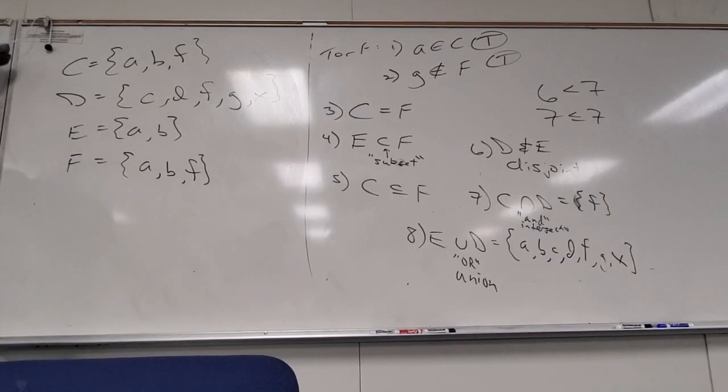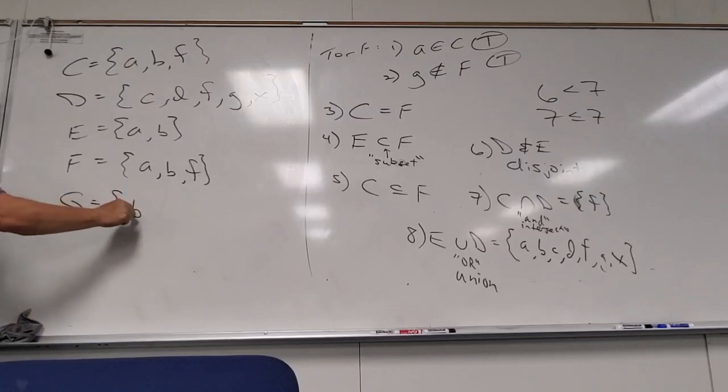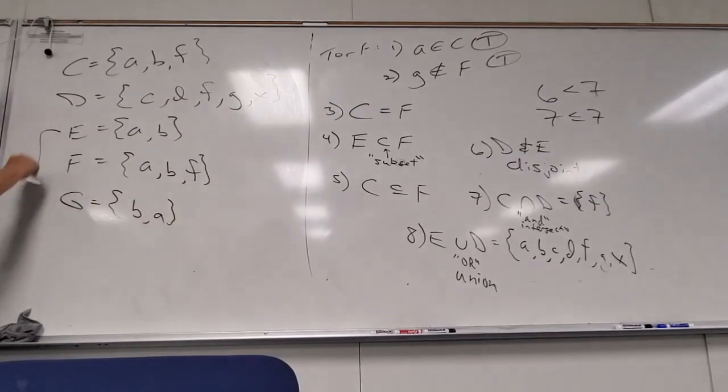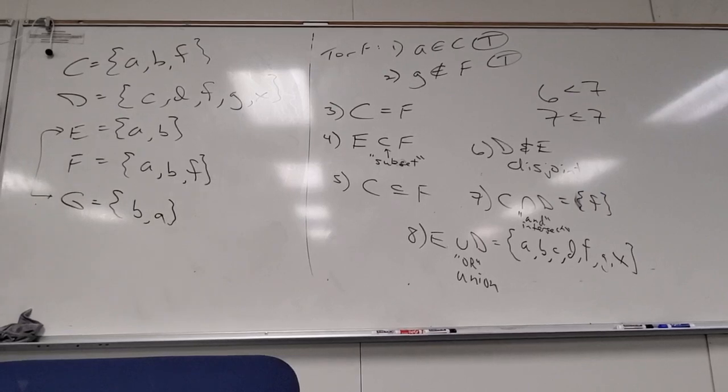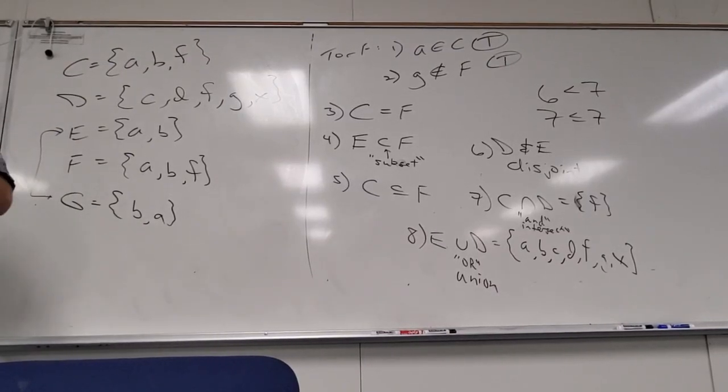Just to make sure everybody's with me, if I put set G was BA, how do these relate? These two? They're the same. I love it, right? Just put that one out of alphabetical order, just to be different.